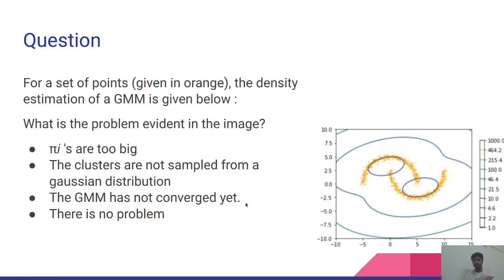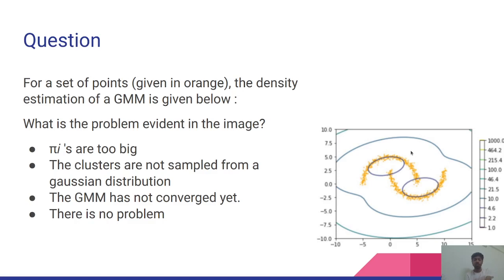this option is not correct, because even if we train for longer, maybe the circles will go bigger or go to different points. But again, no matter how you try to fit it, with the two circles you will not get the most number of points near the center. You will not get a Gaussian kind of distribution. So this option is not correct, and pi i's being too big is also not correct. That is not really a problem here, even if they are big, right?